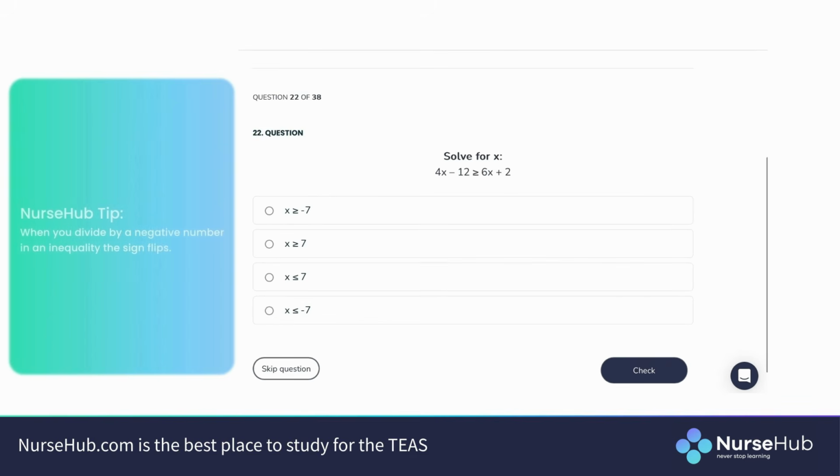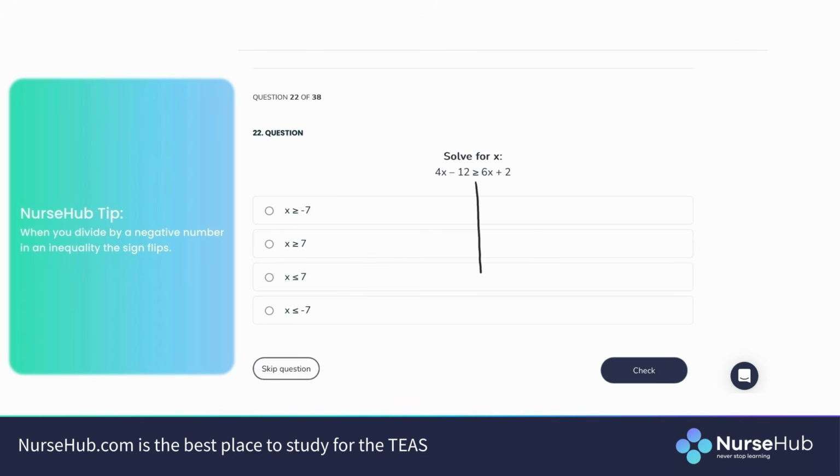Question 22. 4x minus 12 is greater than or equal to 6x plus 2, and we need to solve for x. All right, let's jump right in. I'm going to draw that line down to remember that that's where we are moving numbers across.